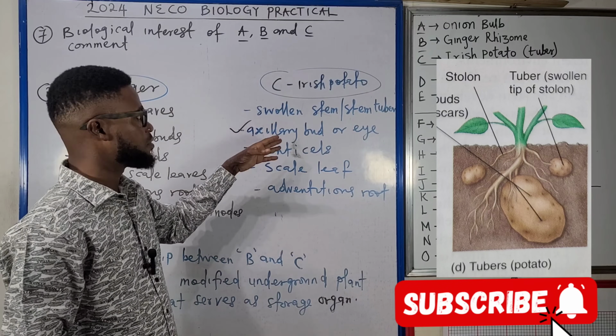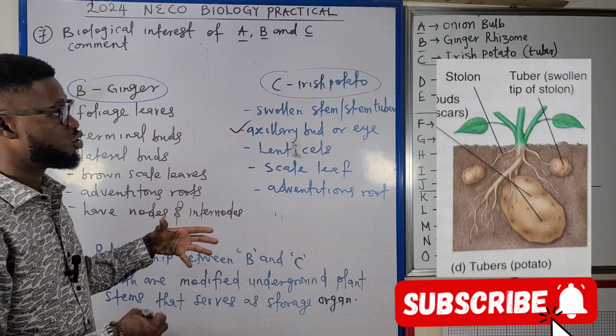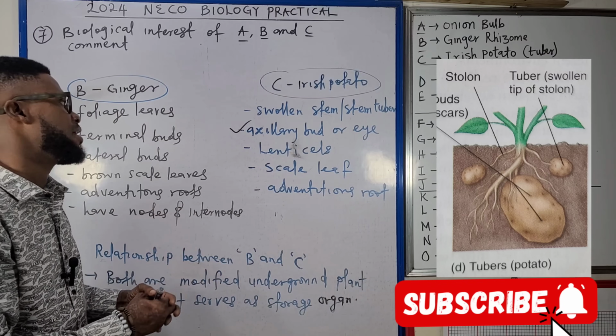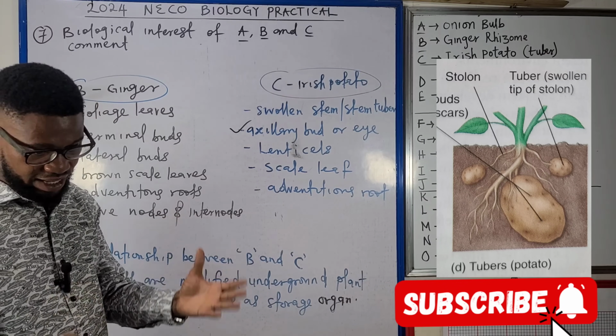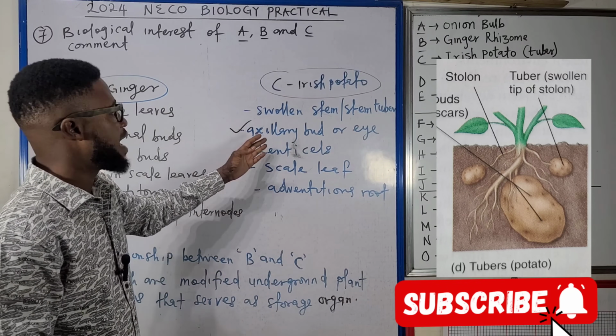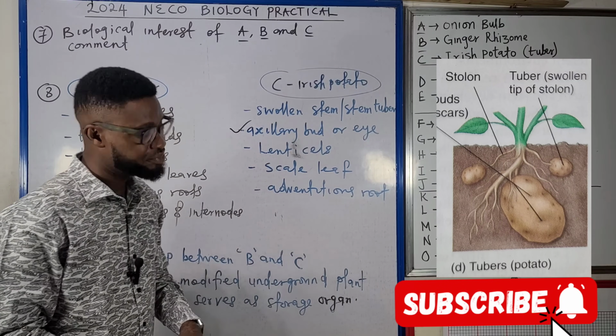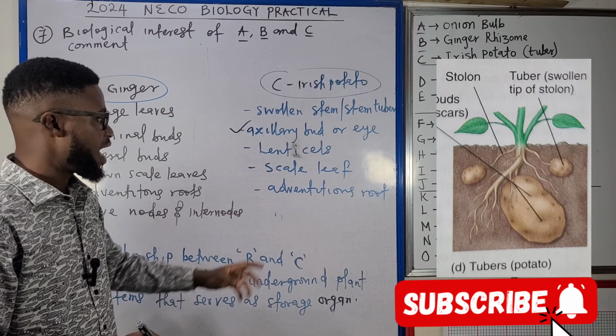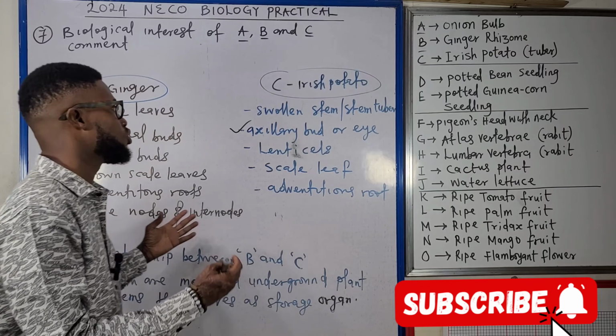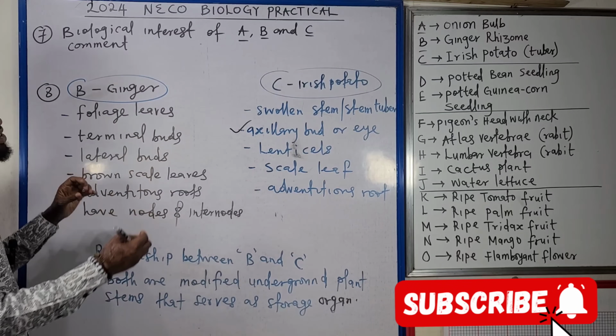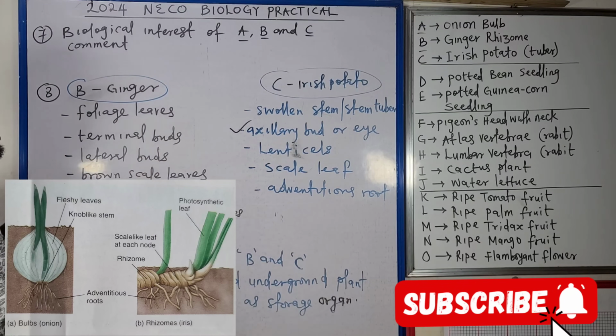You see specimen B, swollen stem, or you call it a stem tuber. It is swollen, as you can see naturally. Axillary bud or the eye, it has lenticels, scale leaves, and it also has adventitious roots. So these are various parts of the specimens that are of biological importance.